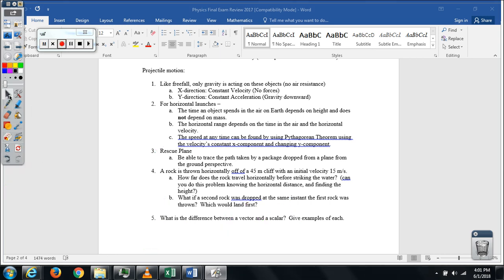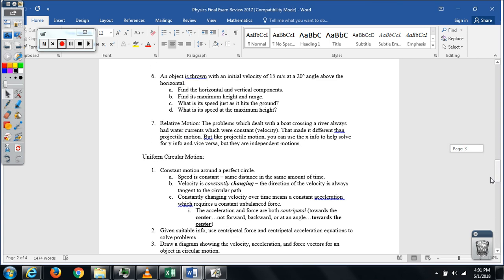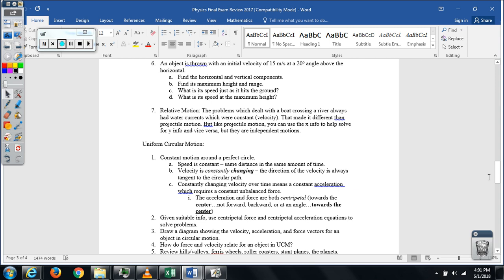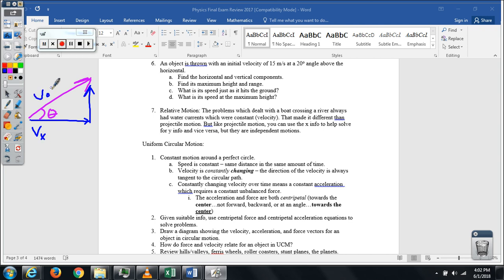All right, let's look next. So, an object is thrown. Now we have a situation where we're throwing at an angle. And so we've done components like this already. You're told that the initial velocity is 15 meters per second and the angle is 20 degrees.